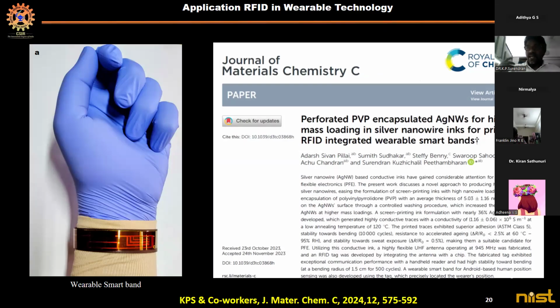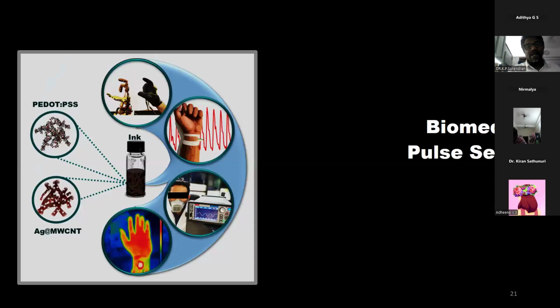If it is an active RFID, then your read range will be up to some 20, 30 meters. But if it is a passive one, then your read range will be 1.6, 1.8 meters maximum. What we have made is a passive RFID. Active RFID is very expensive. But you can see that all these devices are wearable. You can wear them in the form of an armband or something like that.